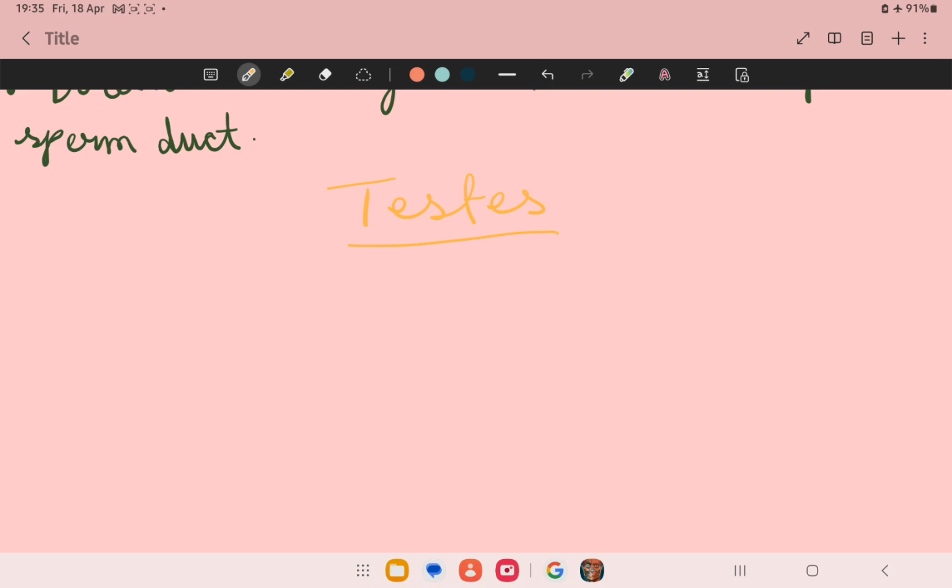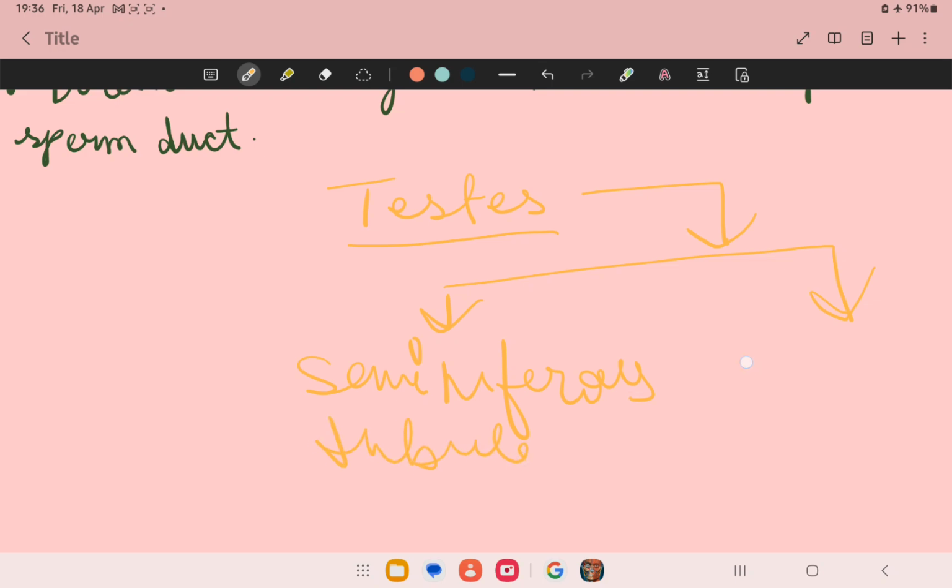Testes. Okay, testes is made up of seminiferous tubules and interstitial cells. Both the seminiferous tubules and the interstitial cells make up the testes.